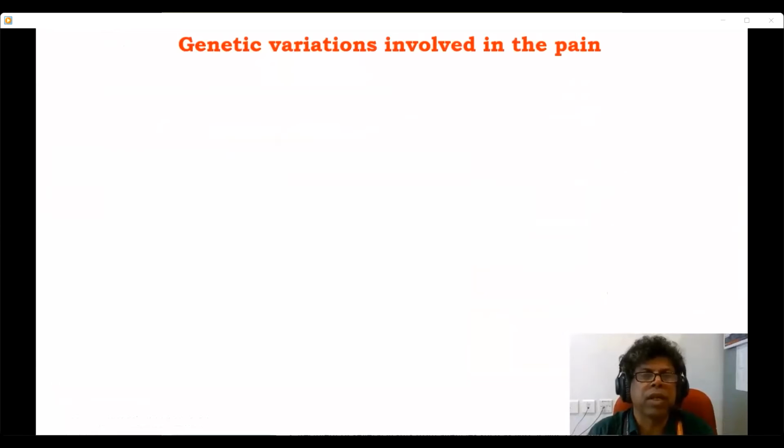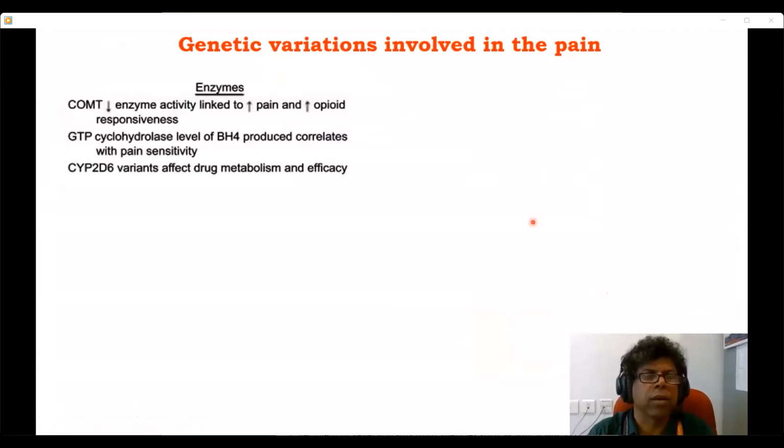Now, I'm going to discuss a little bit about genetic variation involved in pain. There are a lot of different classes of proteins involved in pain. For example, enzymes. The COMT enzyme, which is catechol O-methyltransferase. The decreased enzyme activity is linked to increased pain and increased opioid responses.